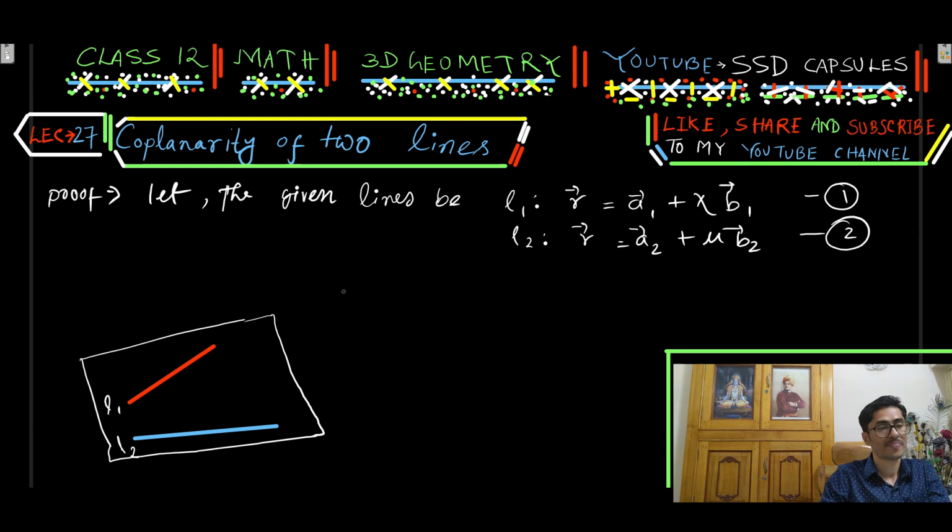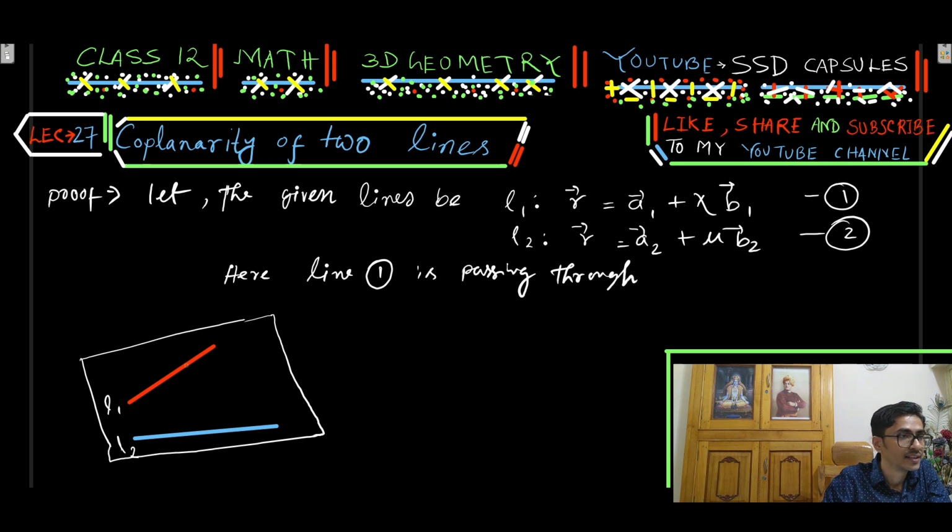So here line 1 is passing through this point capital A with position vector A1 vector, and line 2 is passing through the point B with position vector A2 vector.